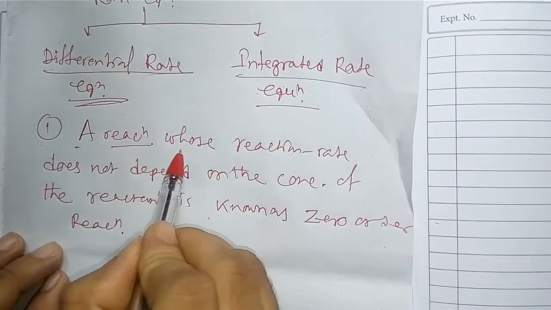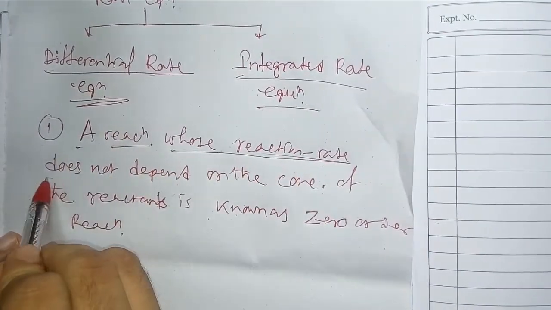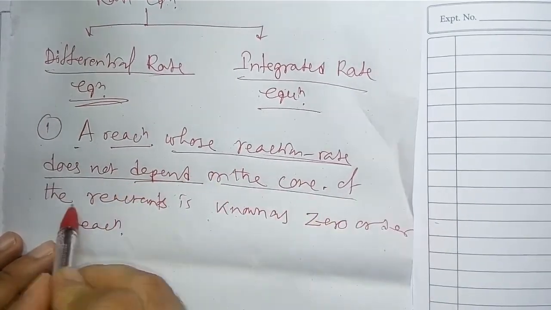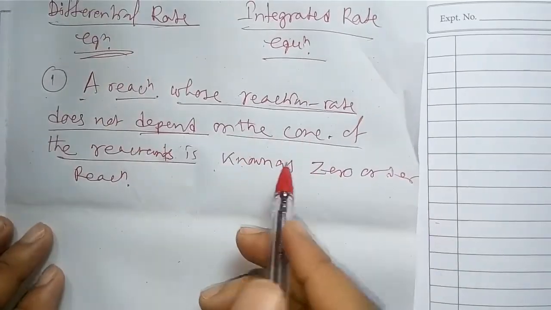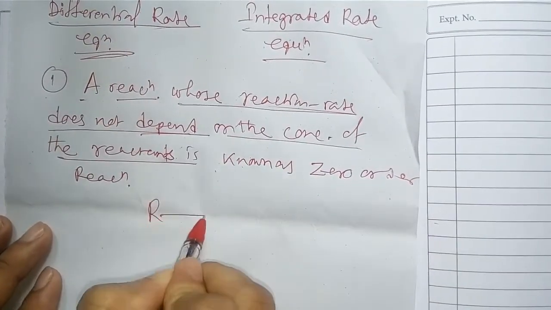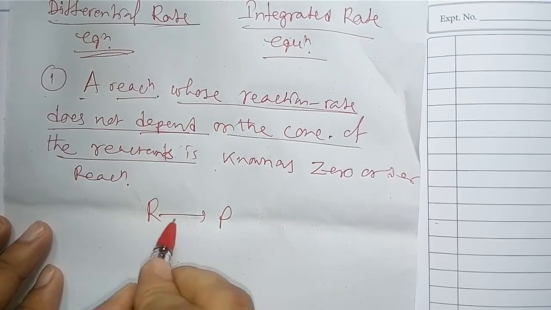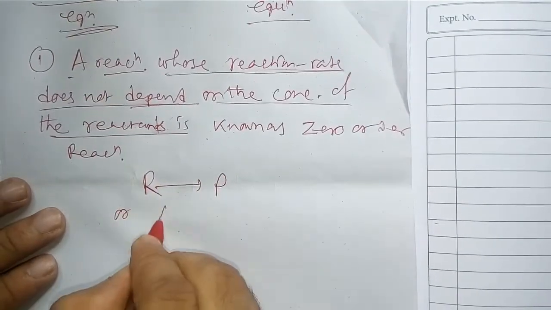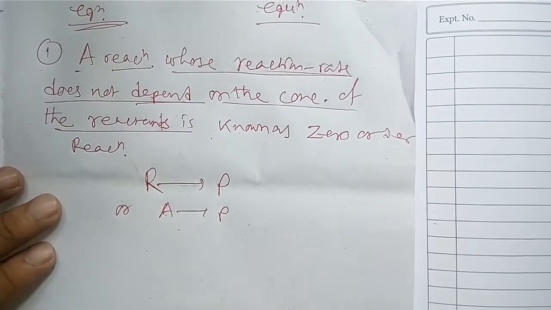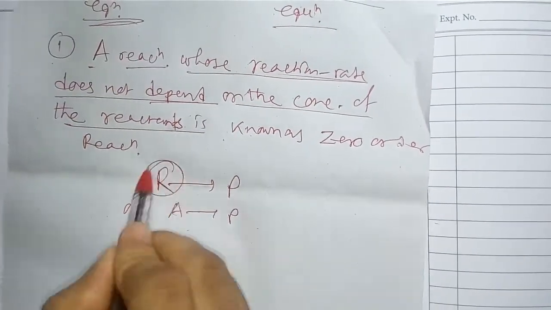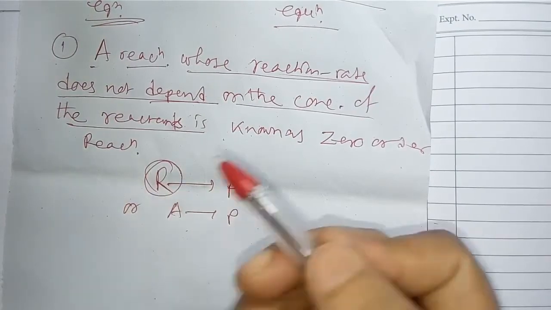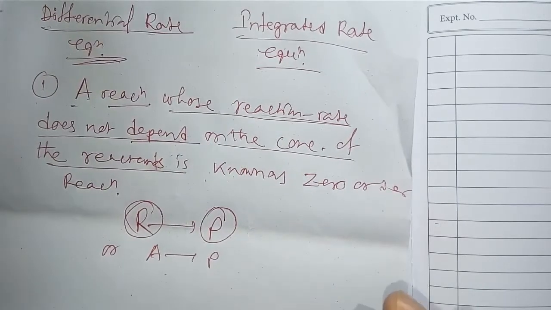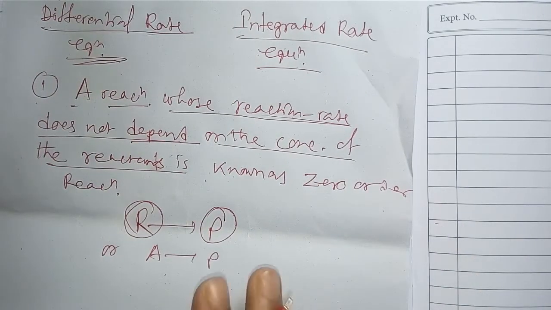So a zero order reaction is a reaction whose reaction rate does not depend on the concentration of the reactant, suppose A to P, or you can write R to P. This is the reactant or reactants and this is the product.